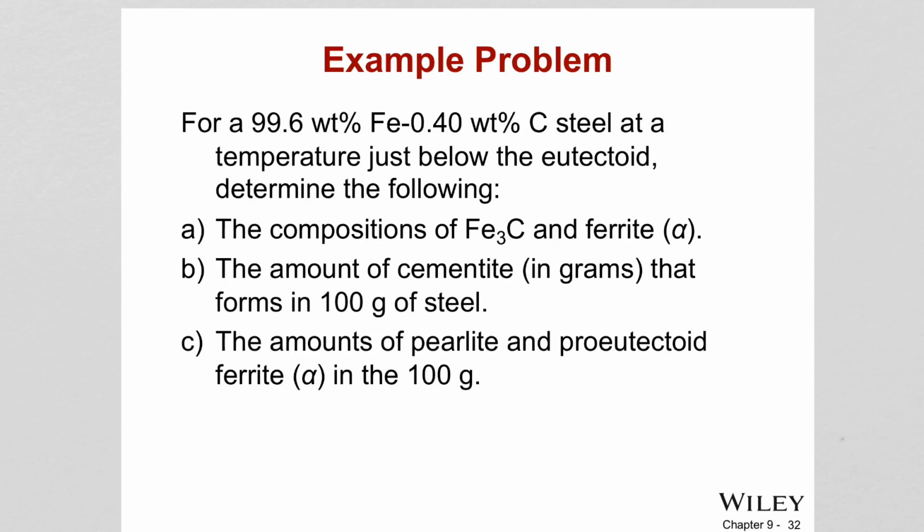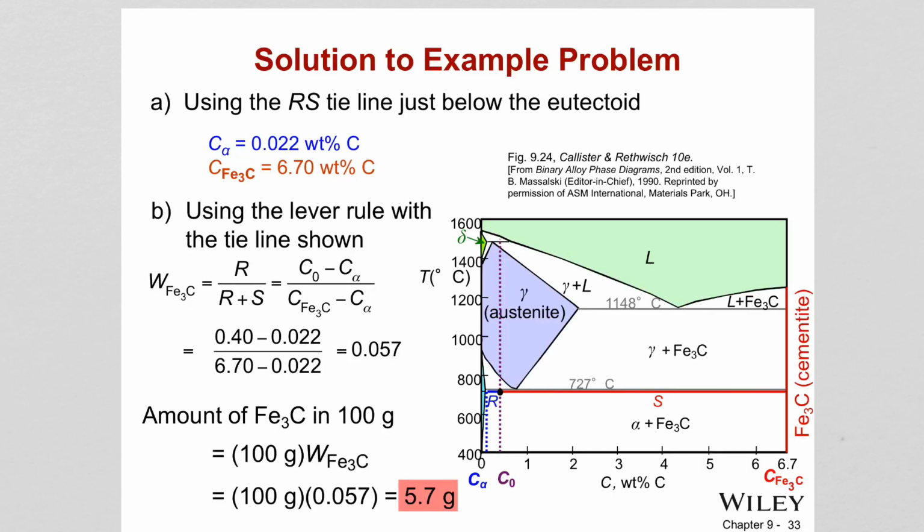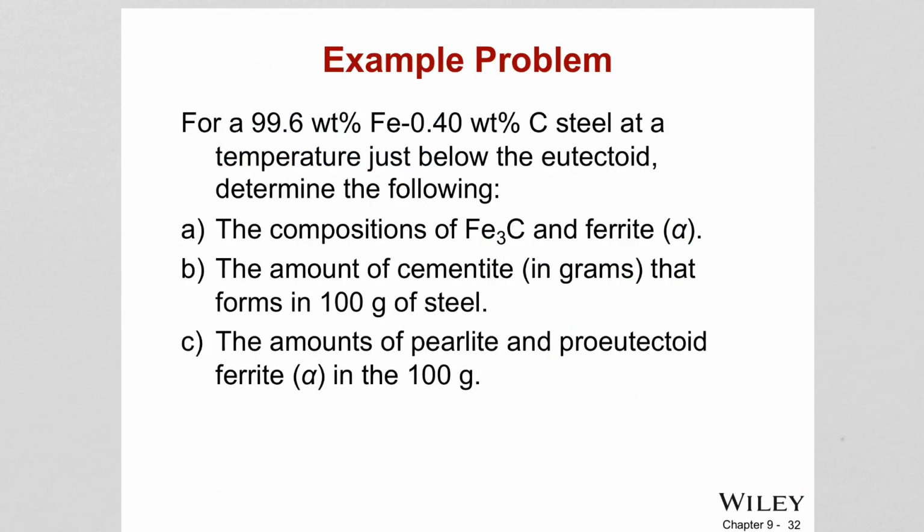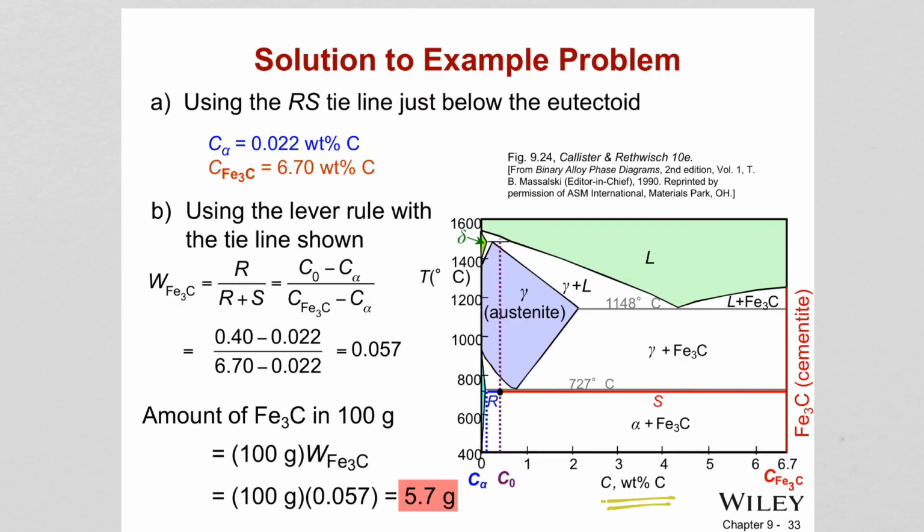Okay, so you need to understand we have a steel, which is an alloy of iron and carbon, and it is 100 grams. So the composition of this steel is 0.4%. So if we look at the iron-carbon phase diagram, first locate your composition, right? In the x-axis we are given carbon. Locate 0.4.